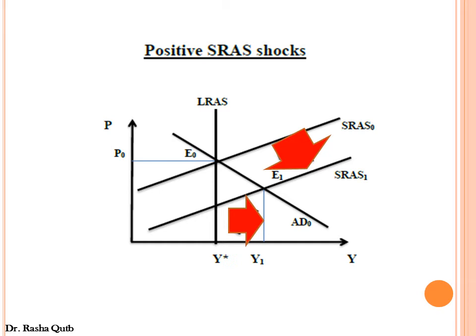Because the price of factors of production in this case decreased, the demand for them will increase, and when the demand increases, the price of factors of production would increase, and this causes the short-run aggregate supply curve to shift again leftward to SRAS naught until this gap is removed. Okay, and we return back to E naught.